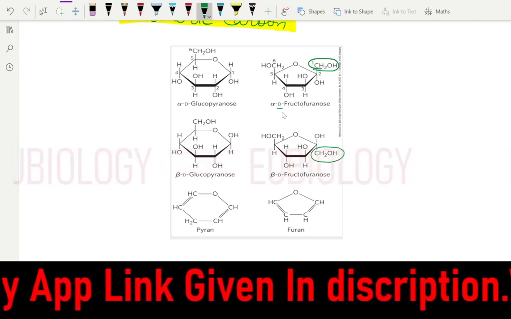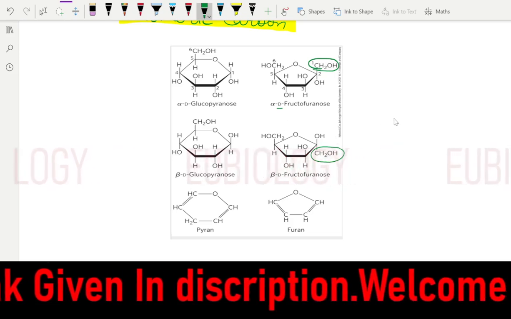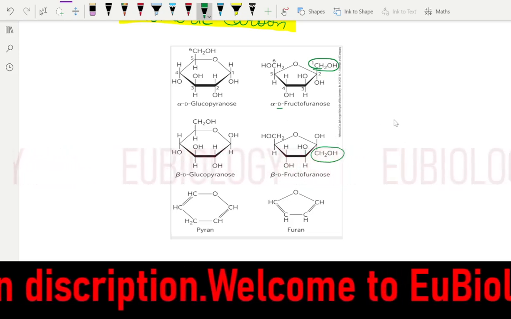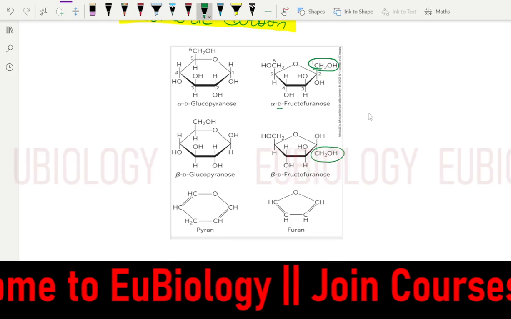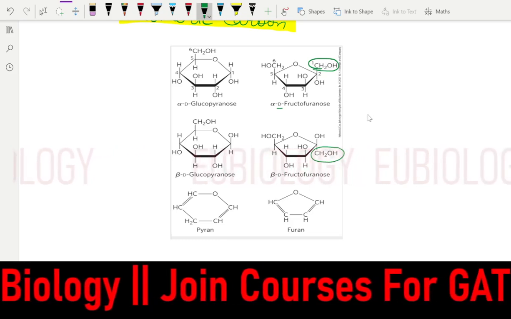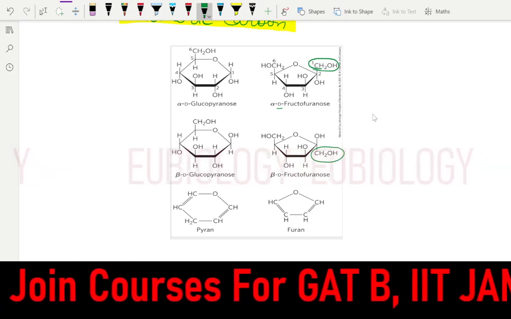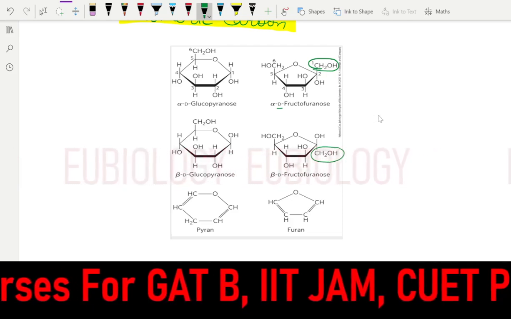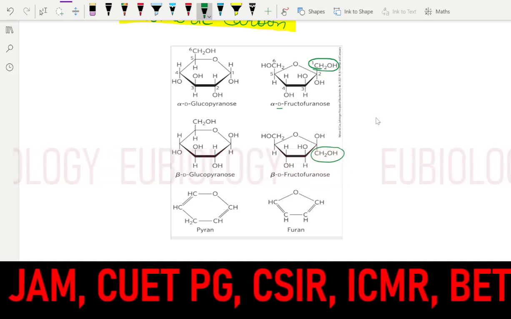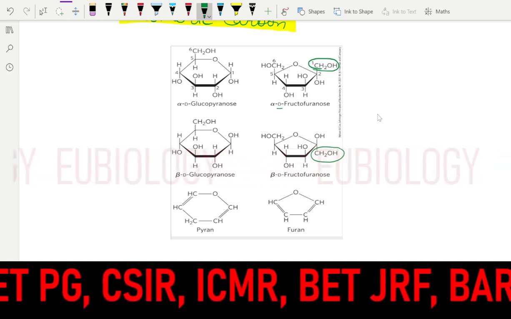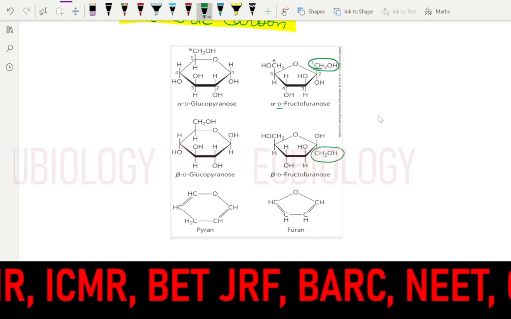But why is it called D, or sometimes written as L form? So usually in nature, the D form is more common; D form glucose is more common in nature instead of L form. L form is not found much in nature. We don't know the reason, but the D form is more in nature.